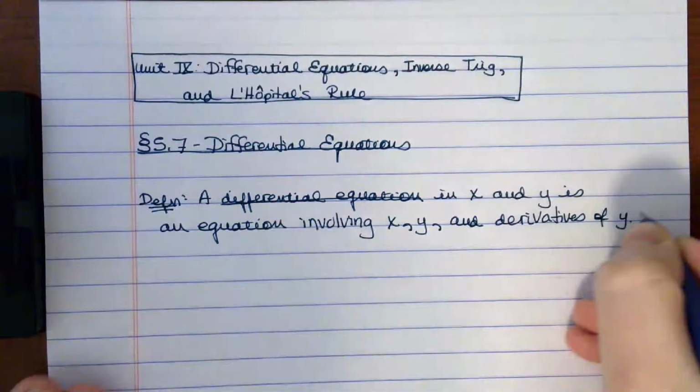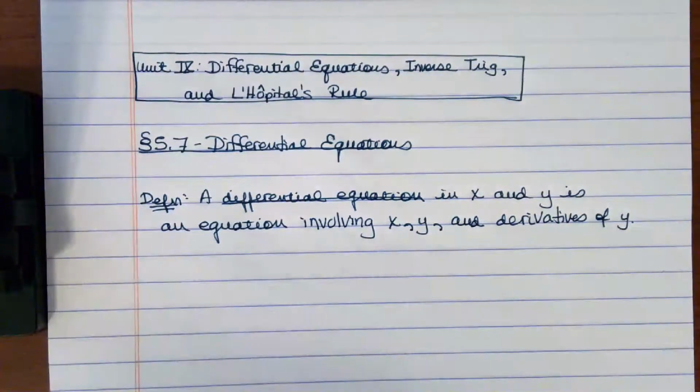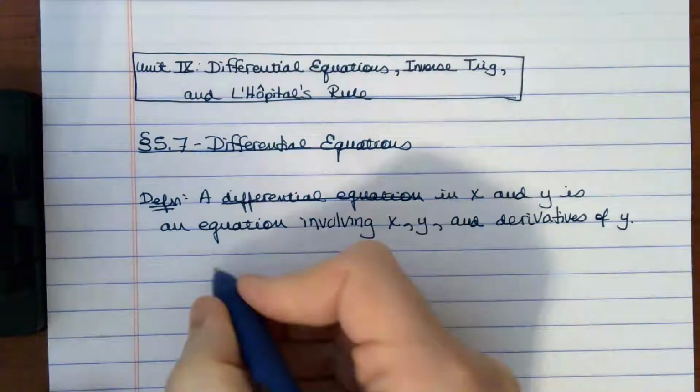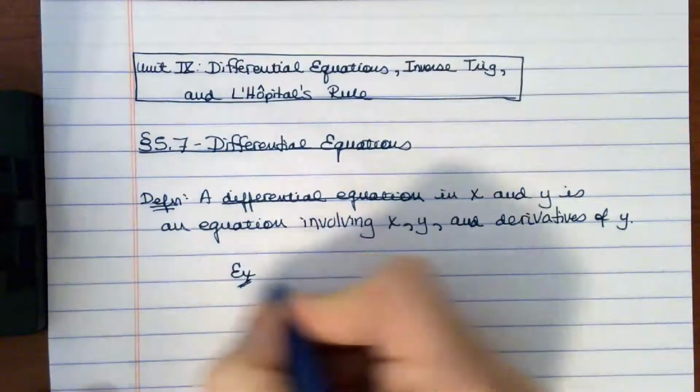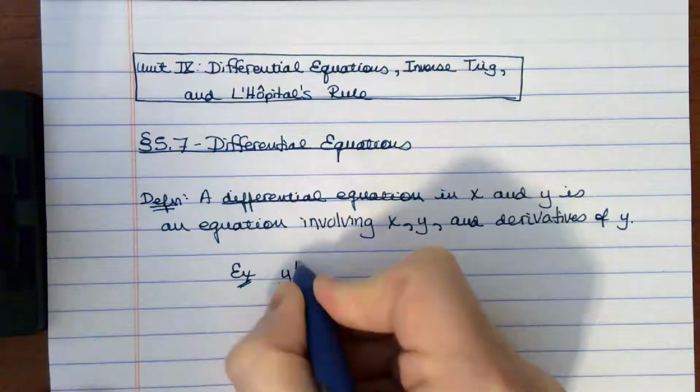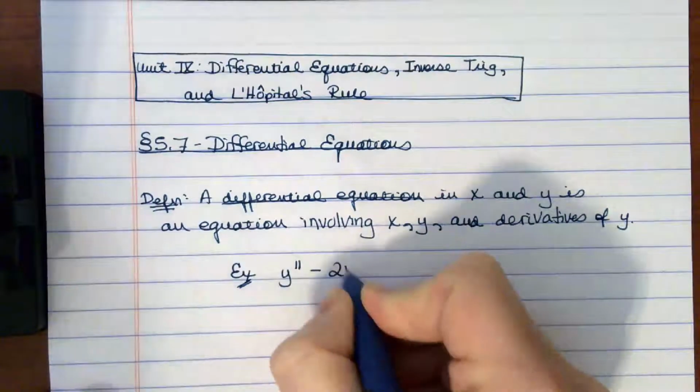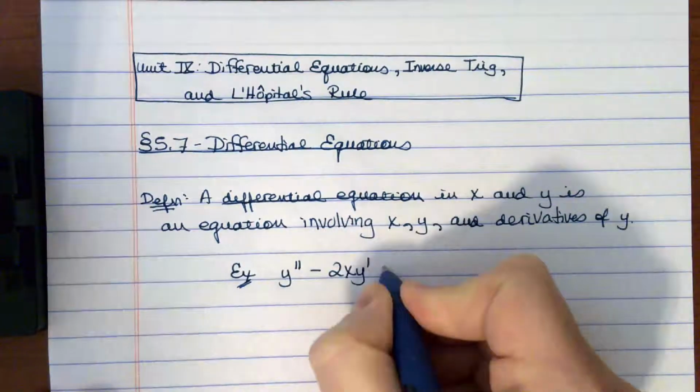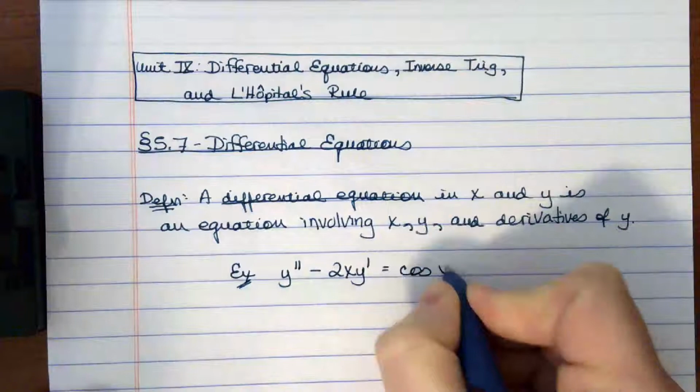Oops, sorry for the lag. And an example of a differential equation might be something like y double prime minus 2xy prime equals the cosine of x.